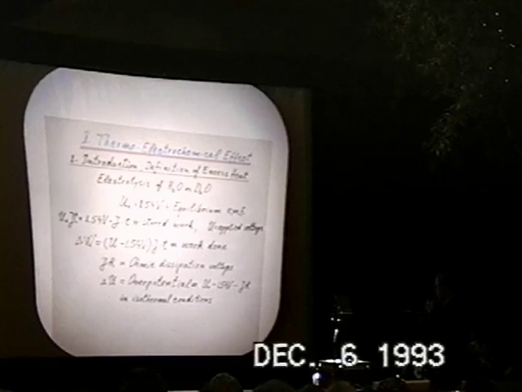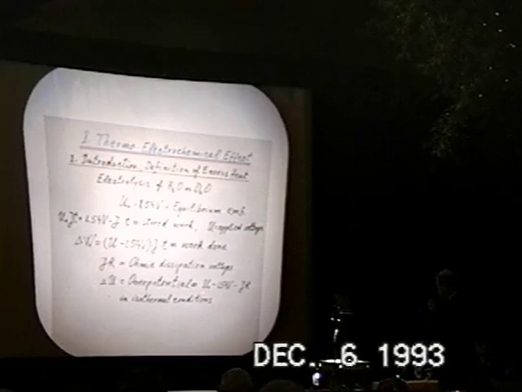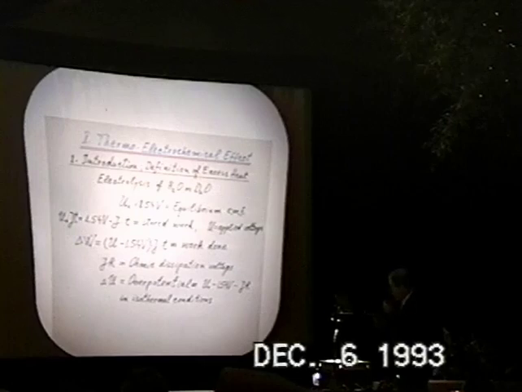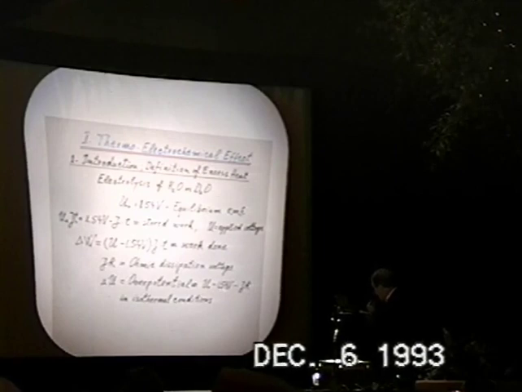In addition, we have ohmic dissipation and work against the overpotential delta U, which is, in isothermal conditions, the difference between U, the voltage that enters the cell, and these two terms.